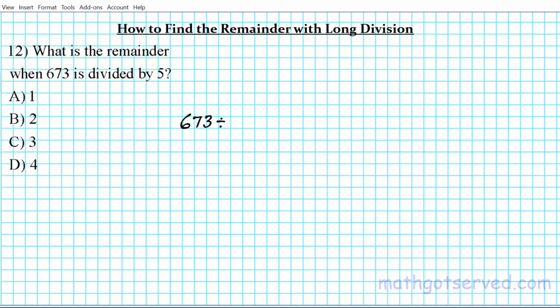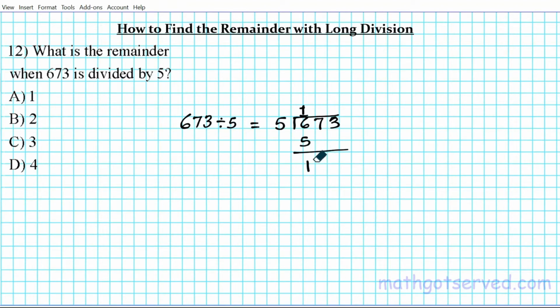So we have 673 divided by 5. To use long division, we have 673 divided by 5. All right, so how many times does 5 go into 6? 5 goes into 6 once. 1 times 5 is 5. Subtract that, you have 1.